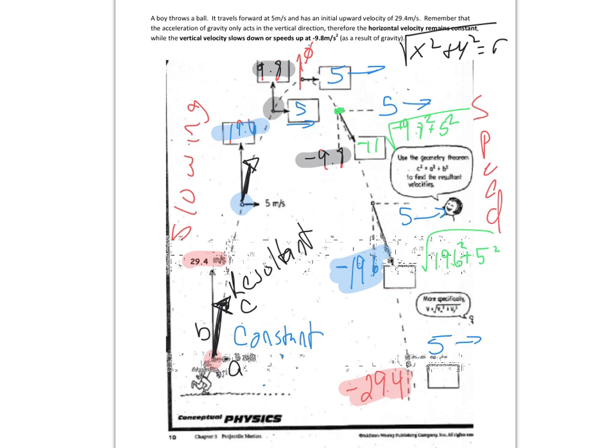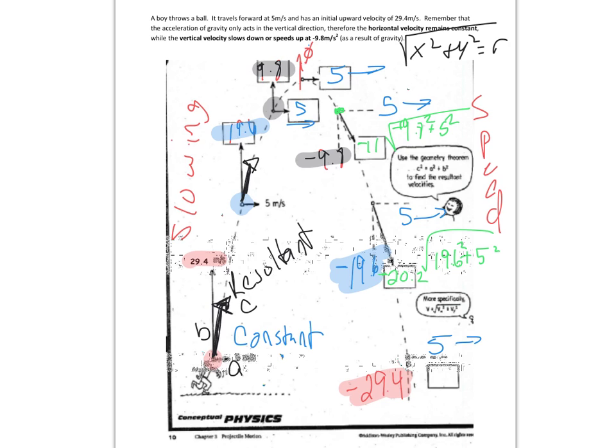In this case, if an object is falling at a rate of 19.6 meters per second, while moving forward at a rate of 5 meters per second, then its resultant speed would be roughly 20.2 meters per second. Because it's in the negative direction, we can give it that negative sign to show that negative velocity.